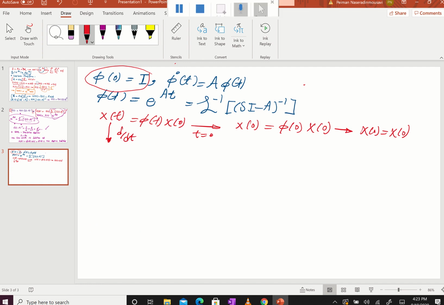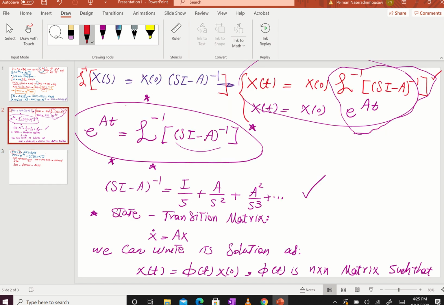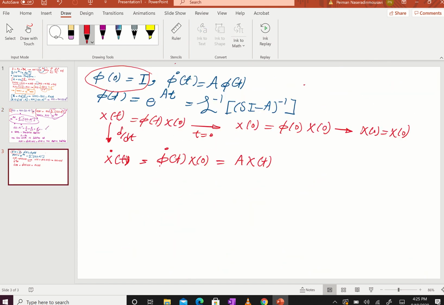So x dot of t is equal to phi dot of t x0, but we know that x dot is equal to A x of t. That's right. Understand?